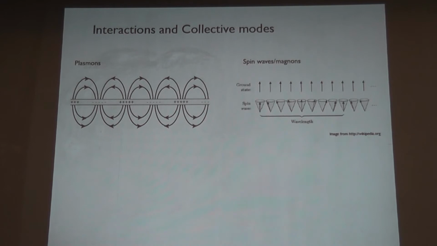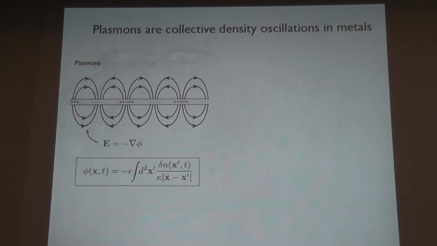If you're not too familiar with plasmons, I'll give you the bare bones rundown of what a plasmon is. It's a traveling charge density wave inside my material, an excitation of this metal. These are collective density oscillations of my metal.